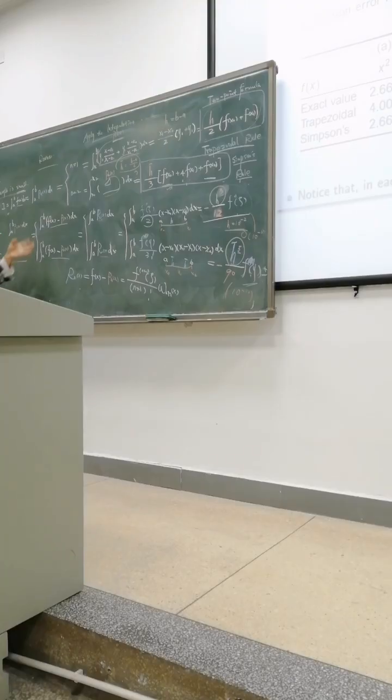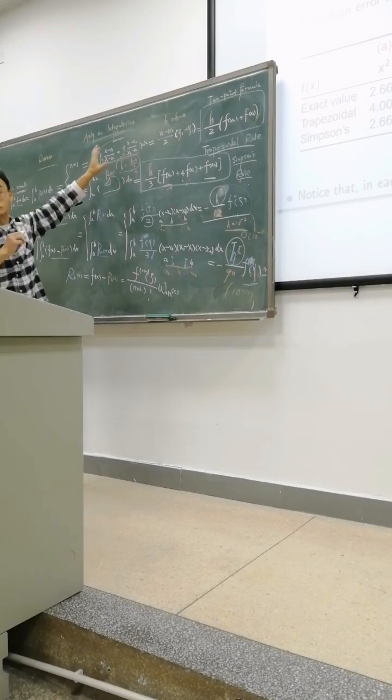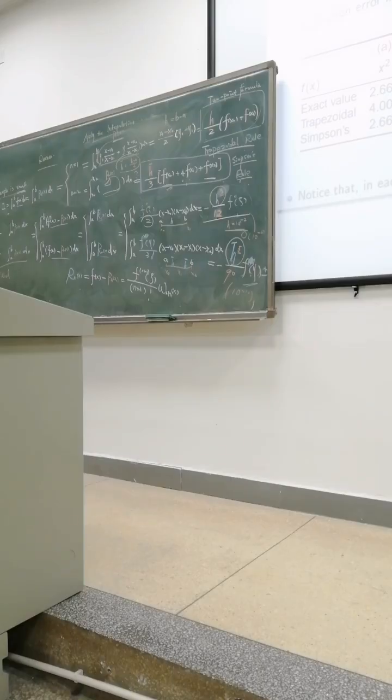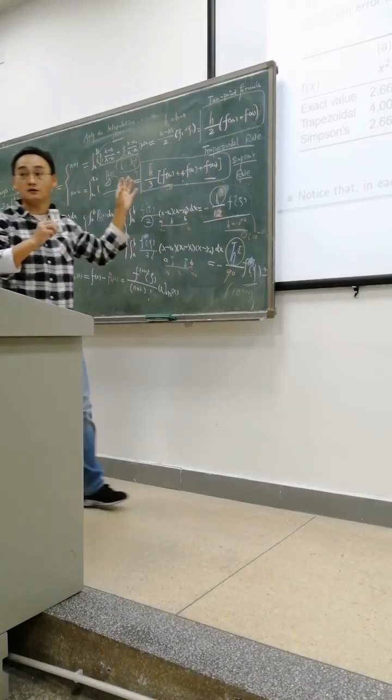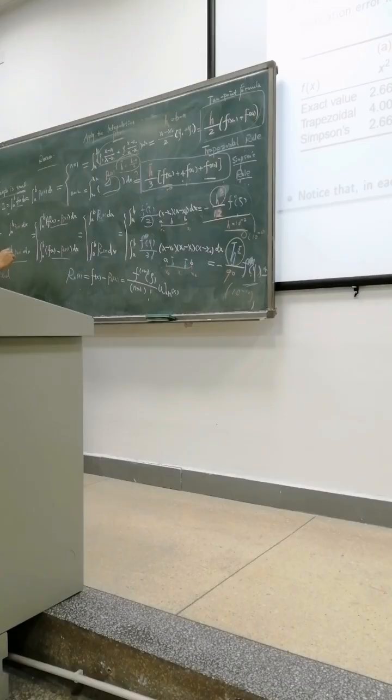So this is why we apply the interpolation to do numerical integration. We do not apply the least squares approximation. The reason is that for the interpolation we have these specific formulas directly. But if we apply the least squares approximation, we cannot get the formula of this polynomial function.